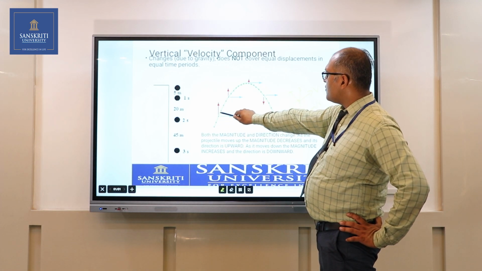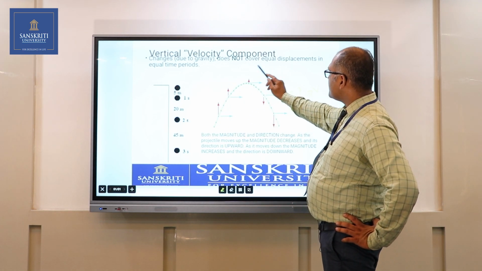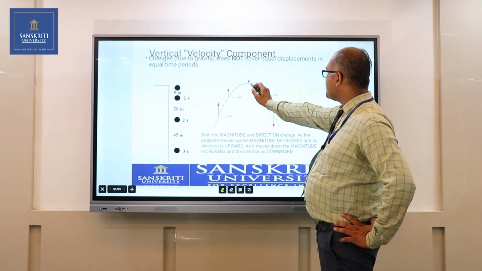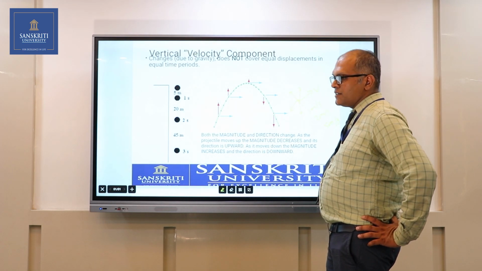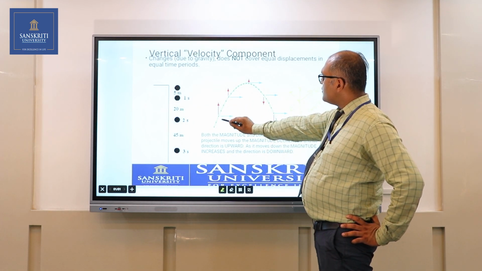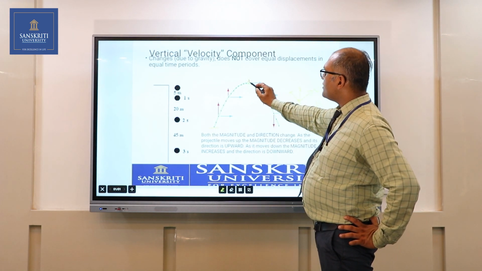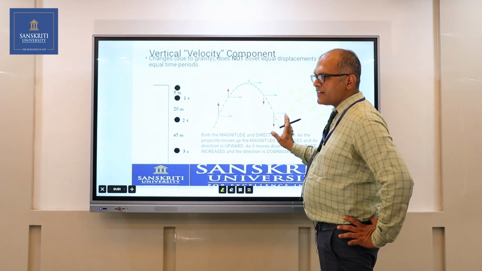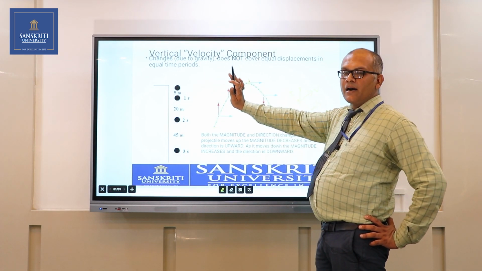Initially, the vertical velocity vector is upwards, but after reaching the highest point, it becomes downwards. The vertical velocity vector is always vertical, and the horizontal velocity vector is always horizontal.